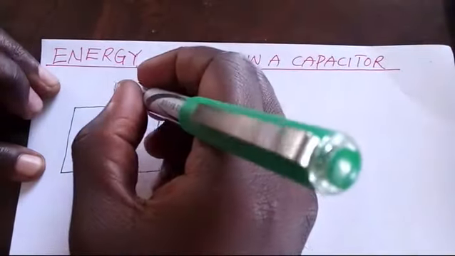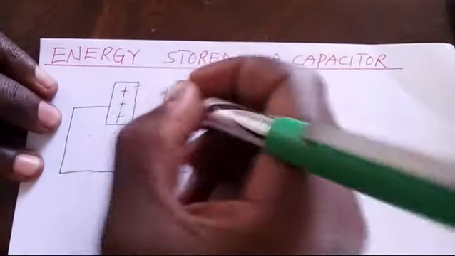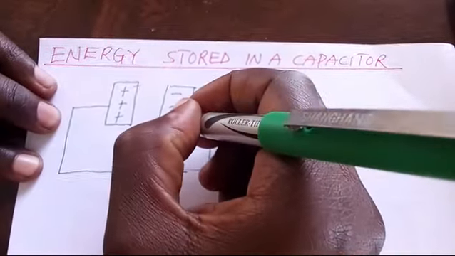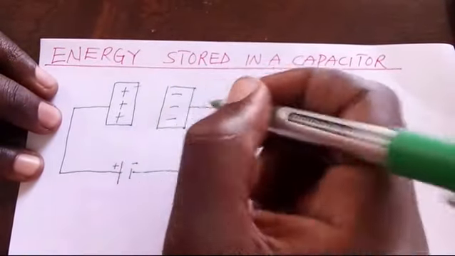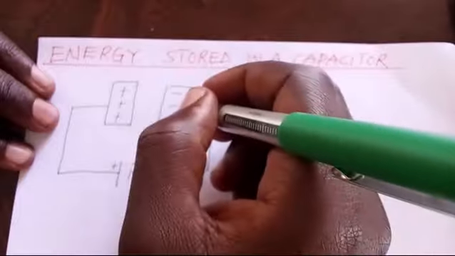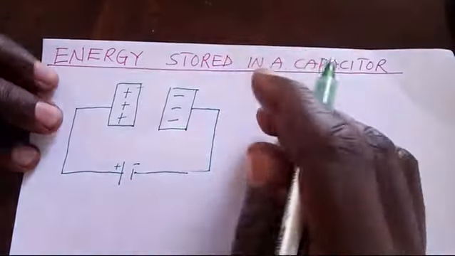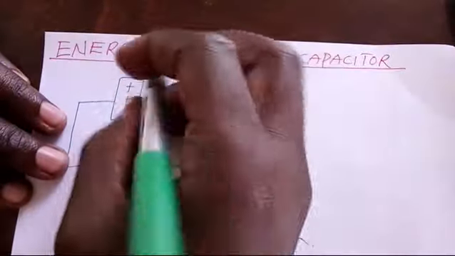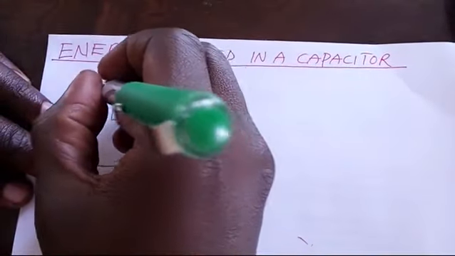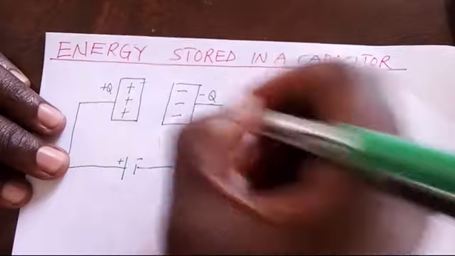We know that this will store positive charges and this one will store negative charges. The charges are of equal amount but of opposite sign. This one will store plus Q, this one negative Q, of course.